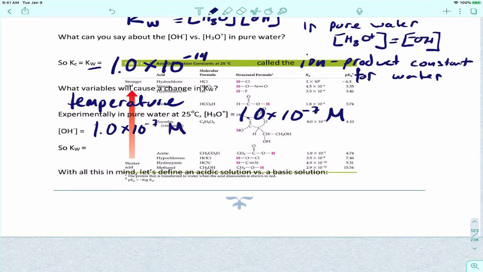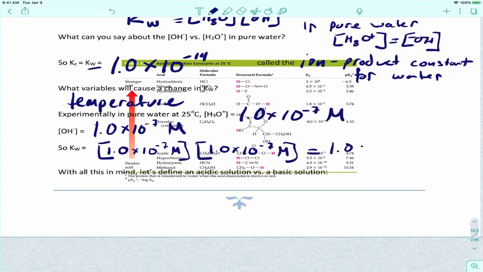So that means that the Kw should be the concentration of the base, 1.0 times 10 to the minus 7th molar, times the concentration of the acid, 1.0 times 10 to the minus 7th molar. Those two values together should give you 1.0 times 10 to the minus 14th. Okay, and so that's how we're getting that equilibrium constant.